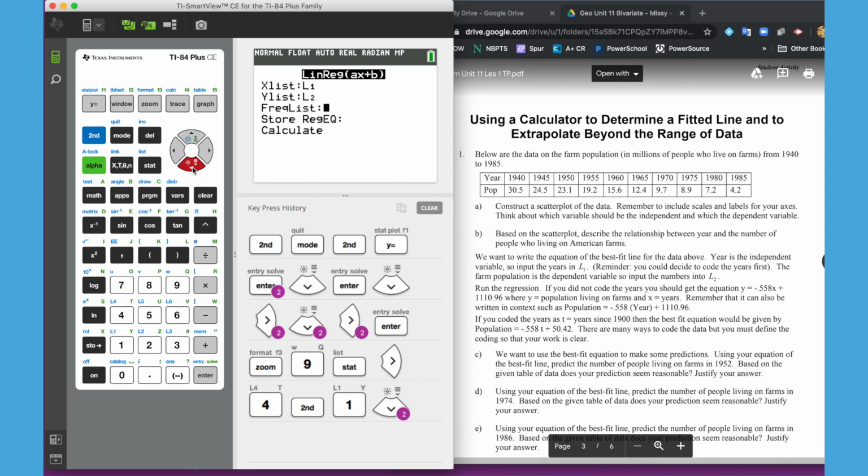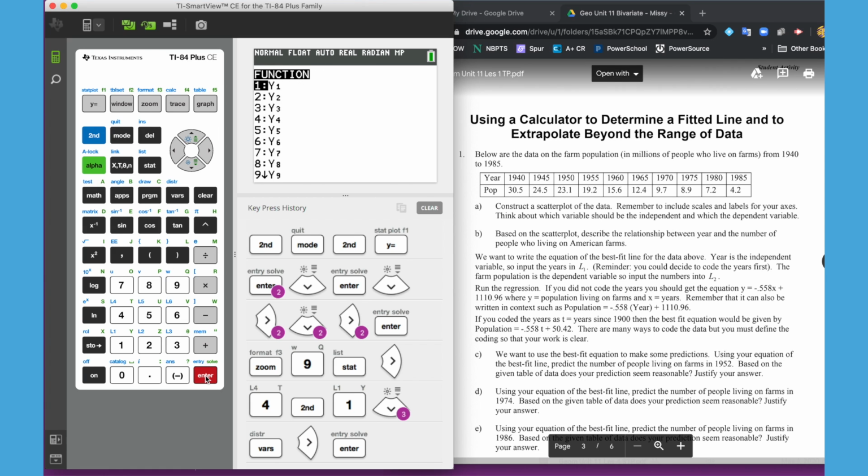Frequency, leave it alone. Here is something you do not have to do, but it makes it easier when you're doing your linear regression. You can actually have the calculator store the equation in y equal. To do that, you would hit vars, go to y vars, function, and pick number 1.